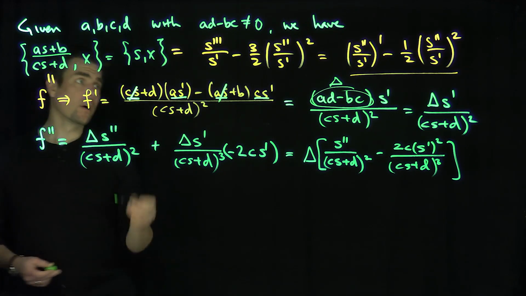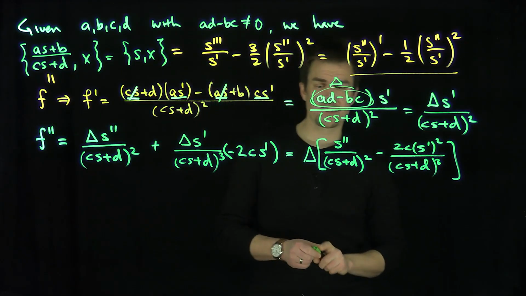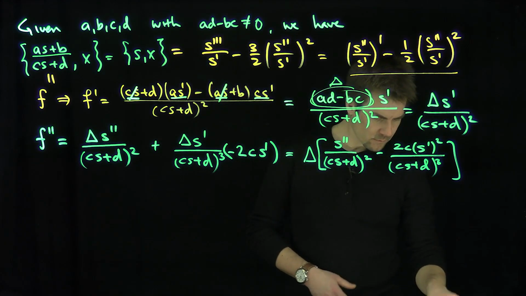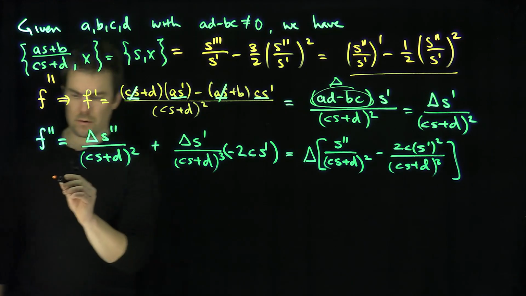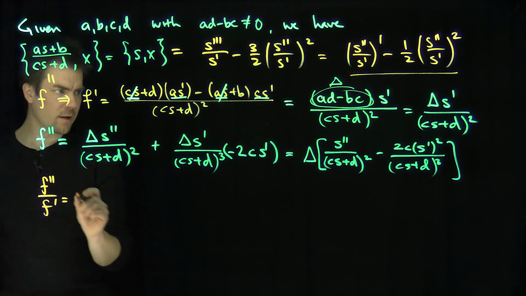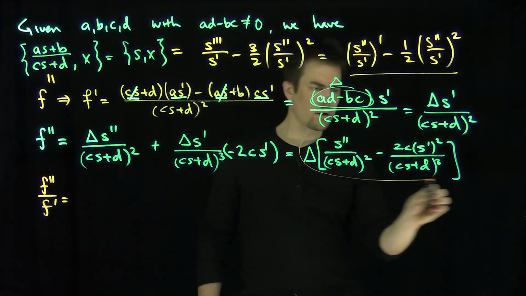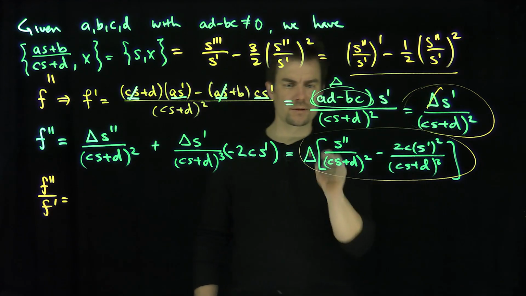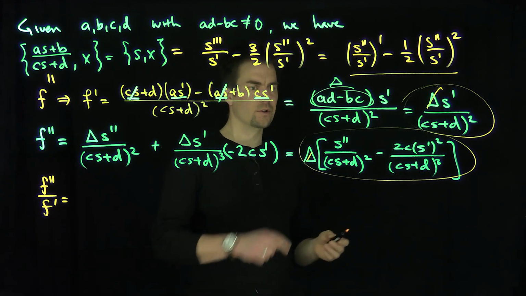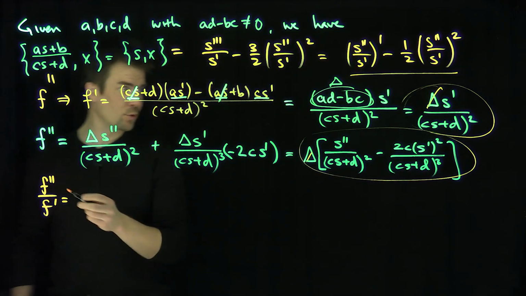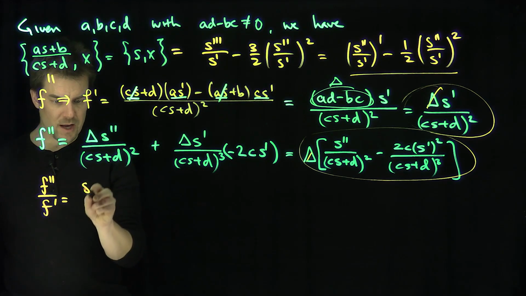Excellent. Now of importance to us is to look at the ratio of these things. So what's the ratio of f double prime over f prime? I really have this expression over here divided by this expression, so let's figure out what's going to cancel out. Clearly this delta is going to cancel out between both terms. In the first term, the cs plus d squared factors cancel, so the first term when you do the quotient is just s double prime over s prime.